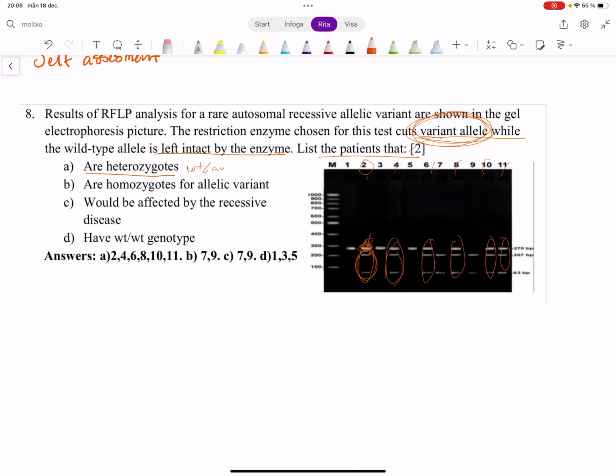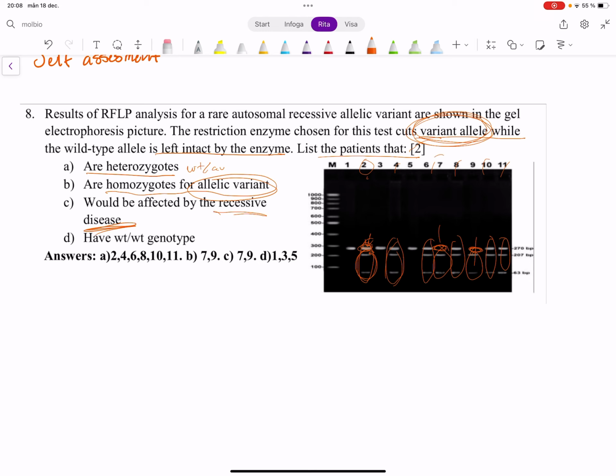Now, the homozygotes for allelic variant. That would mean that this person has only allelic variant, which would be 7 and 9. And you can tell that because they don't have any wild type allele here. Who would be affected by the recessive disease?